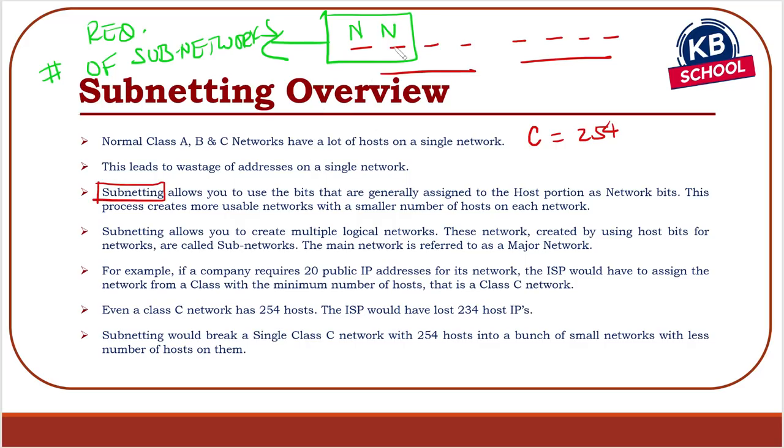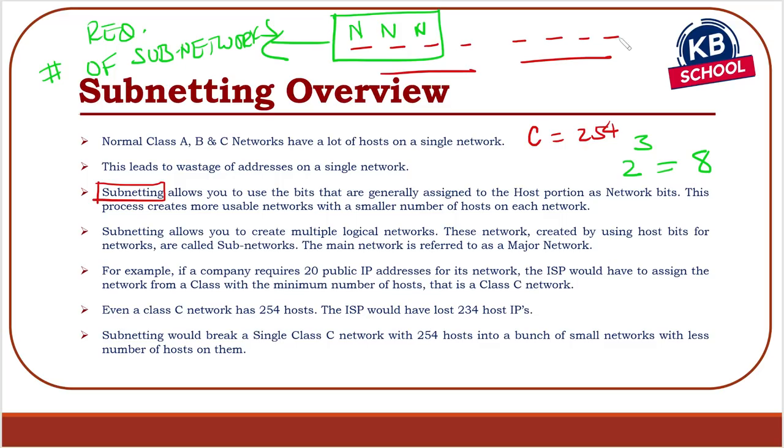I can borrow more bits, but as soon as I borrow more bits, I will lose out from my host portion. So let's say I borrow 3 bits. If I borrow 3 bits, the number of new networks that I get is 2 to the power of the number of bits that I borrow, which is 3, which is 2 times 2 times 2, which is 8.